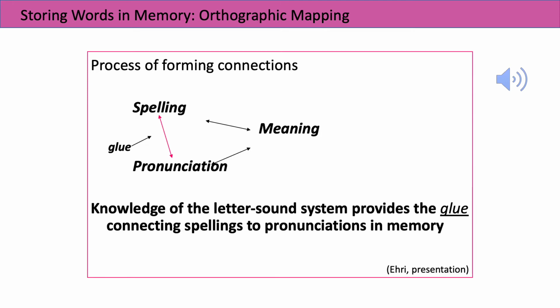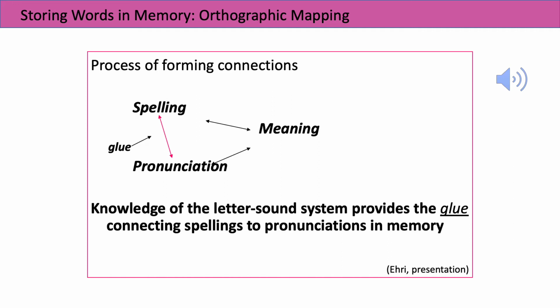Again, the knowledge of the alphabetic system provides the glue that bonds the spelling to the phonological identity, so that when readers read words by sight, they access information stored in memory from previous experiences reading the word, and sight of the written word activates the spelling, the pronunciation, and meaning immediately in memory without any decoding steps required.